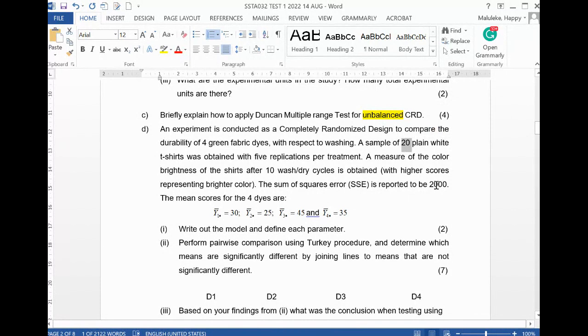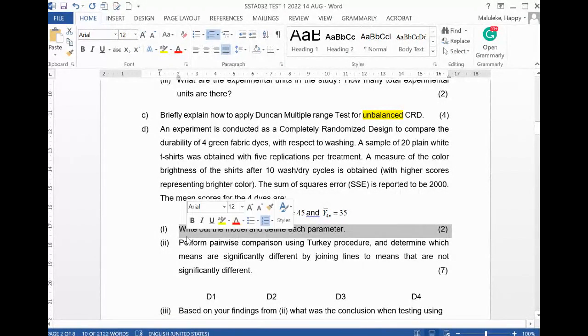N is 20, SSE is 2000. And then, since you have 4 means, it means your R is what? Your R is 5. 5 from each treatment. The problem is balanced. So R is 5, N is 20, and the given information there is what? Is the means. The problem was here now.